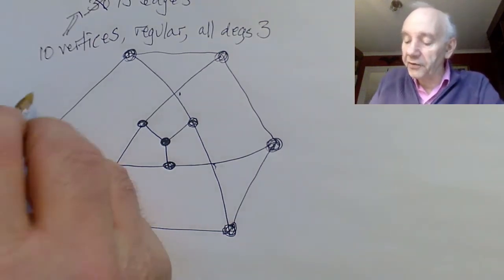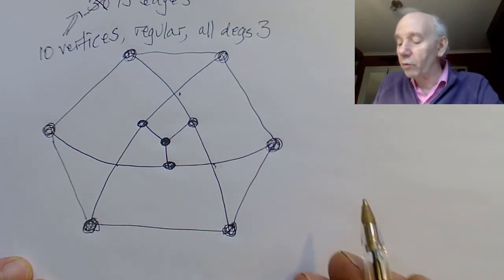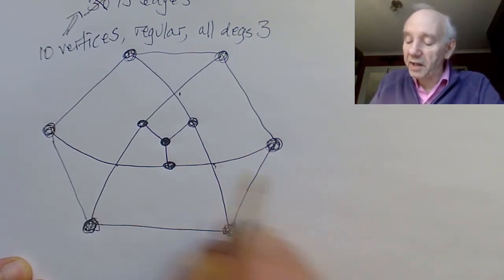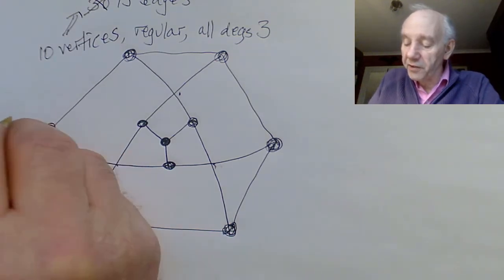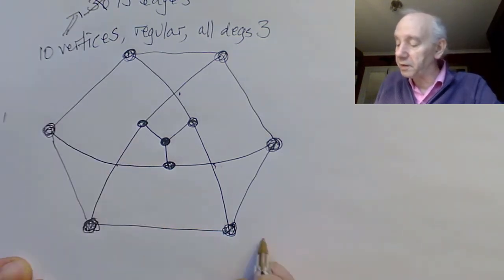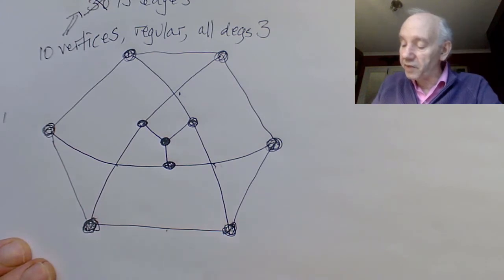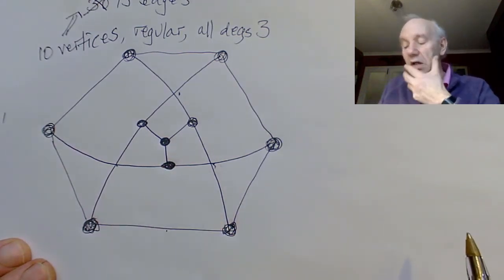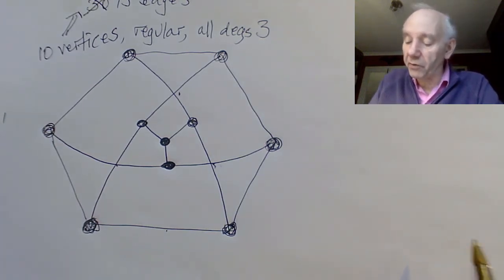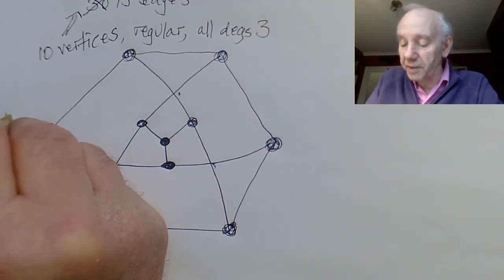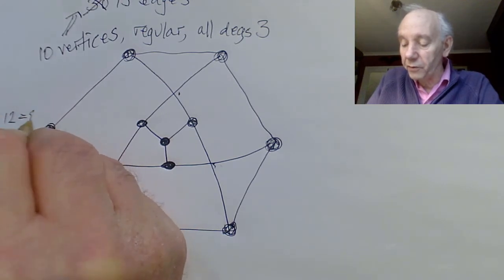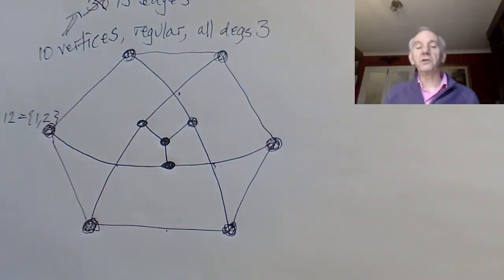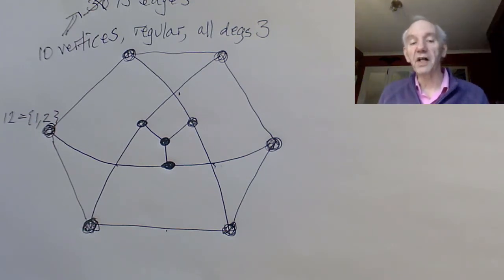I make a start by subsets of 1, 2, 3, 4. Okay, so if I label, let me use abbreviated notation. Well, down the bottom, I don't know what vertex. I think this vertex is going to correspond to the vertex. I'm not sure. Let me label this vertex 1, 2, which really means the subset 1, 2. Remember, the Petersen graph is labelled with 2 subsets of 5 elements.